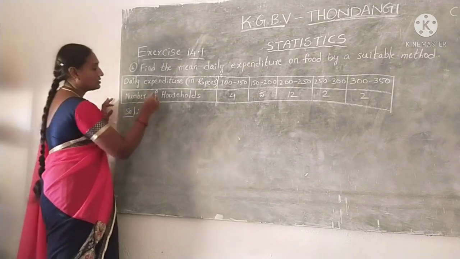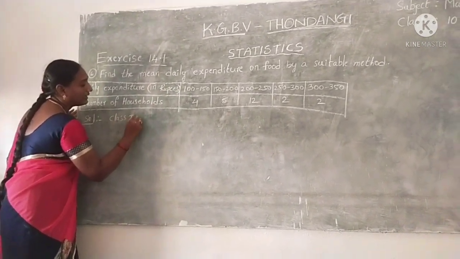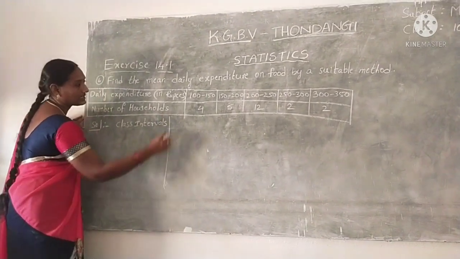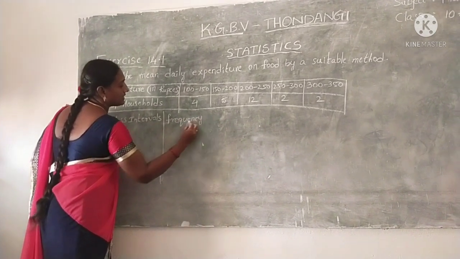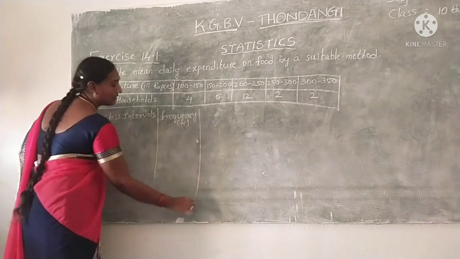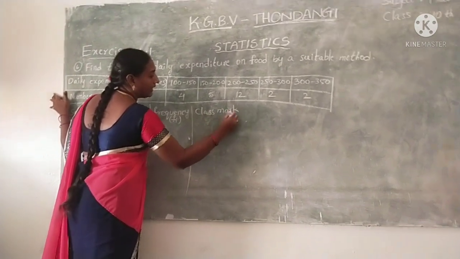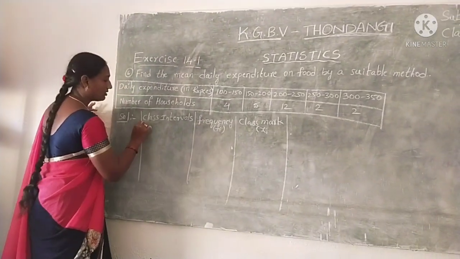Now the solution. First we have to write the class intervals, next the frequency fi, next the class mark xi.